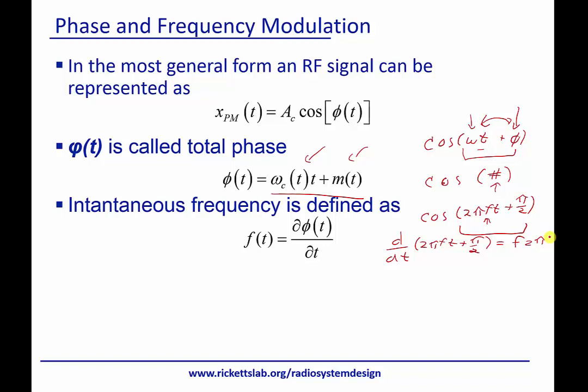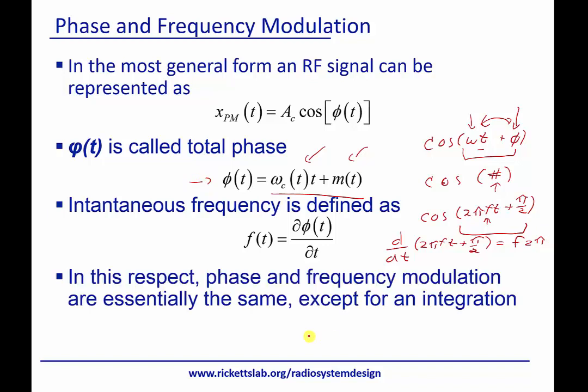It's just easier to talk about this phi of t, and the reason we do is that when we talk about modulation, we're really talking about just modulating phi of t, whether we do it by changing the frequency or changing a static phase, if you will, is just a matter of semantics, because mathematically we're just looking at changing phi of t.